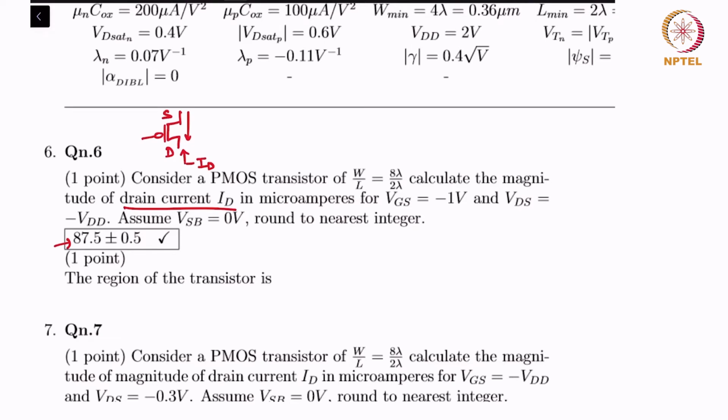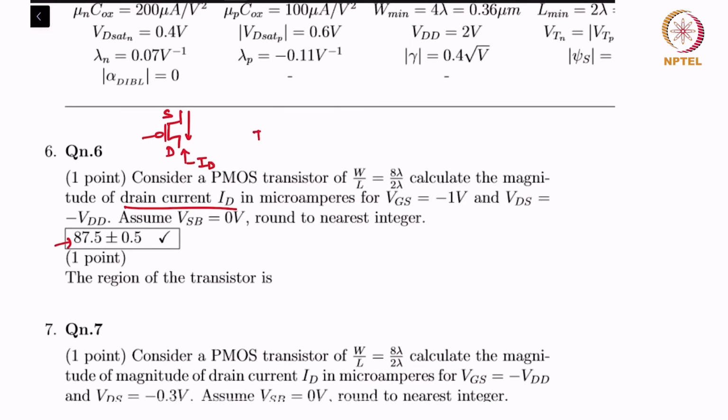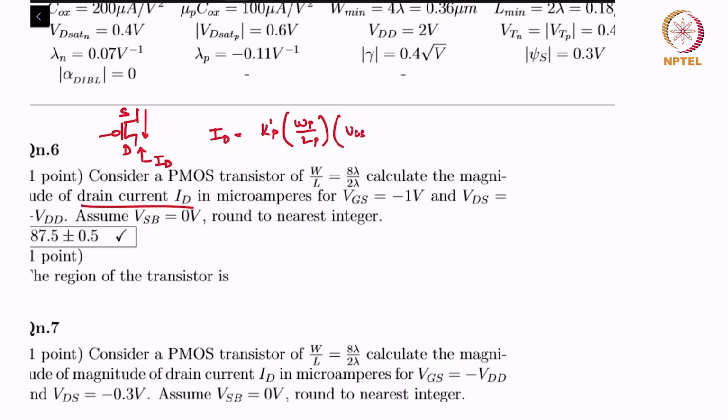So ID has the formula K prime P, which is negative, into WP by LP into VGS minus VTP. VTP is also negative, minus Vmin by 2 times Vmin times 1 plus lambda P VDS. Lambda P is negative, and of course VDS would be negative for a Pmos in general.